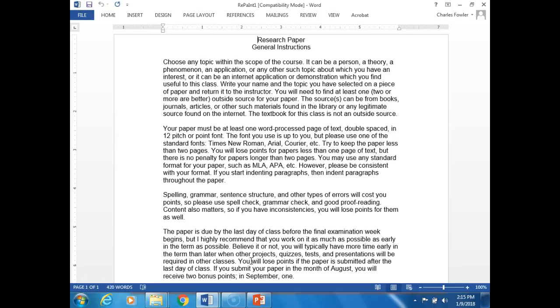Now, content also matters. One of the examples I usually give, if you're writing on a person, quite often people, when they first introduce a person, will put in parentheses the year of birth and the year of death, and then tell about it. And then sometimes over on the second page, they'll say this guy died at a different year than what was listed there.